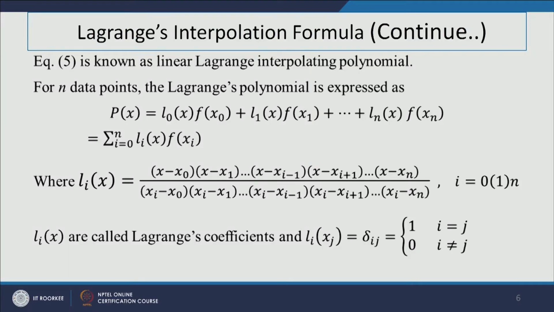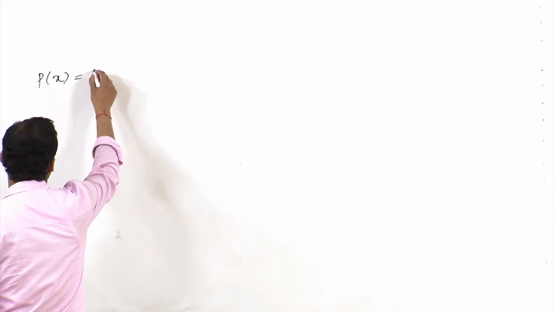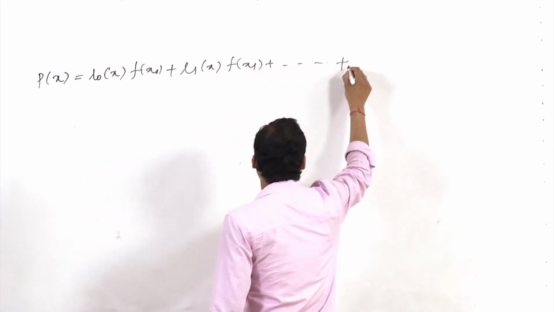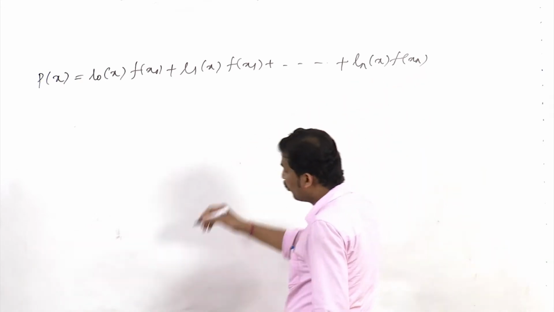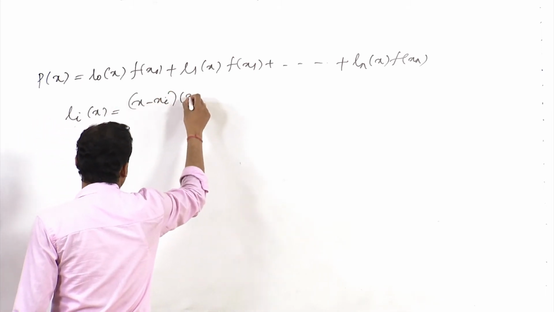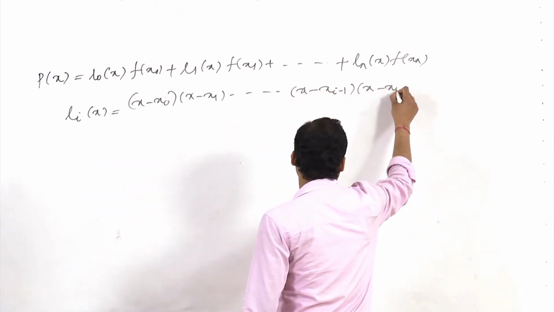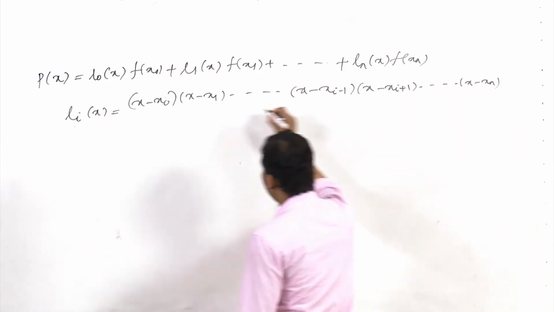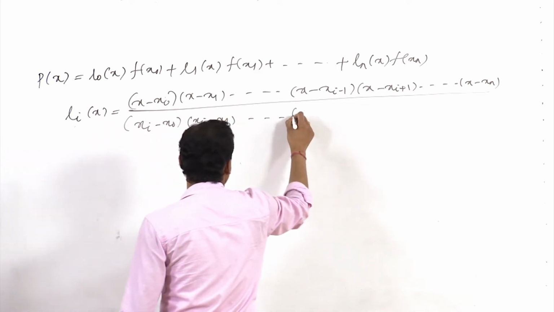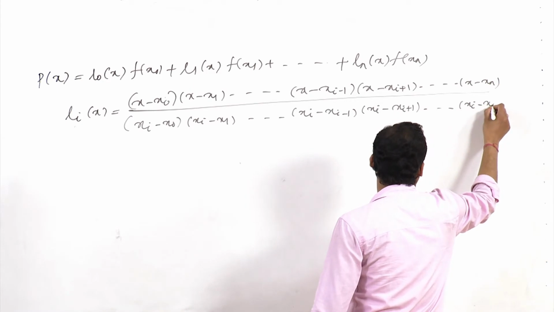So if we extend this linear polynomial to another polynomial here, we can write this complete polynomial p of x as p of x equals L0x f of x0 plus L1x f of x1 plus up to Ln x f of xn, where this coefficient Lix can be written as x minus x0, x minus x1 to x minus xi minus 1, x minus xi plus 1 up to x minus xn divided by xi minus x0, xi minus x1 up to xi minus xi minus 1, xi minus xi plus 1 up to xi minus xn here.